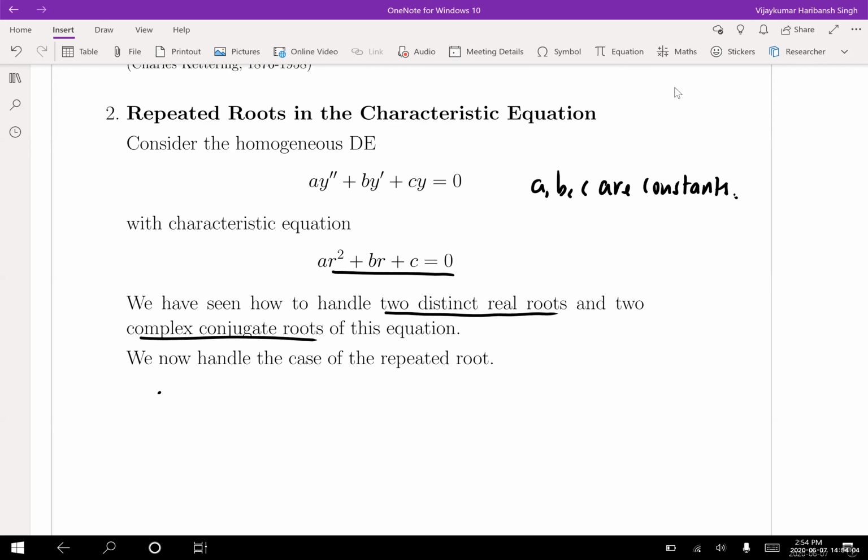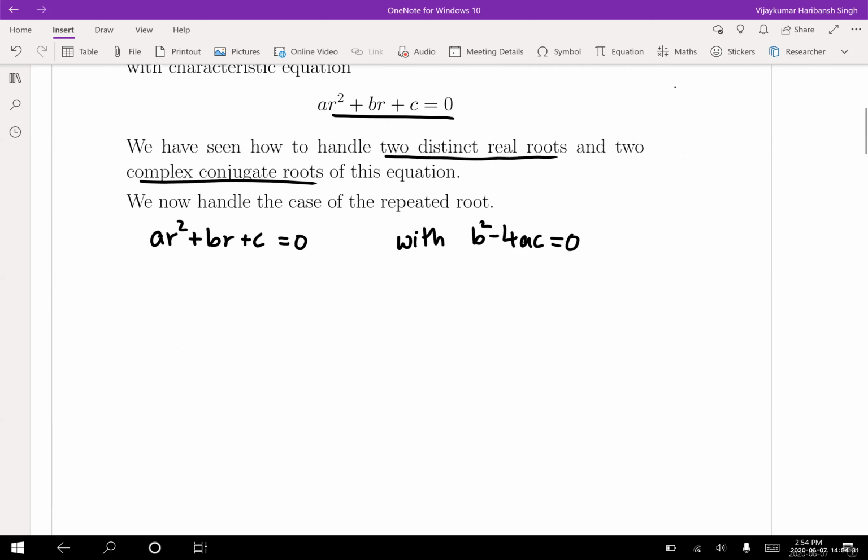You have ar^2 + br + c = 0 with b^2 - 4ac = 0. Recall, if you have a quadratic equation with b^2 - 4ac = 0, then the roots of that quadratic equation are repeated. By quadratic equation, I mean ar^2 + br + c, of this form.